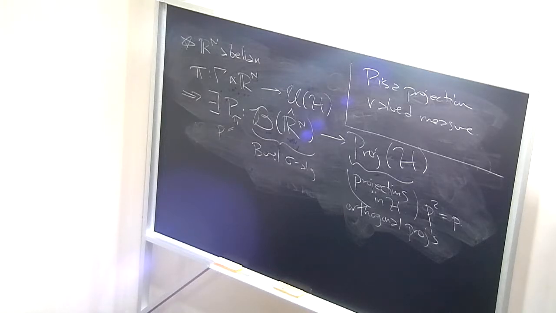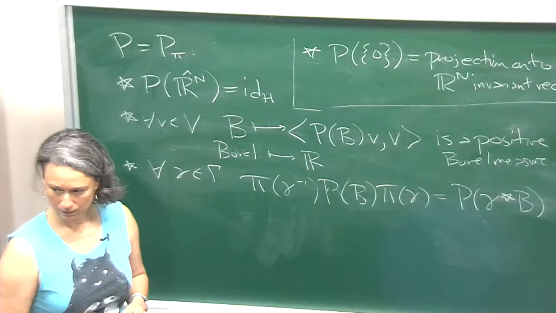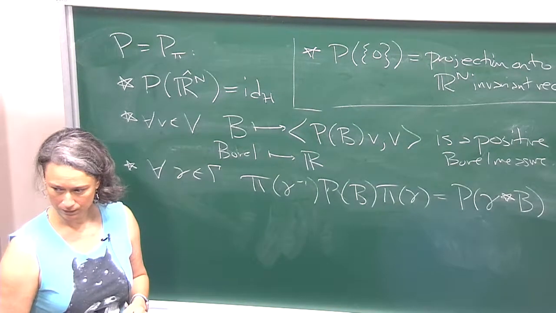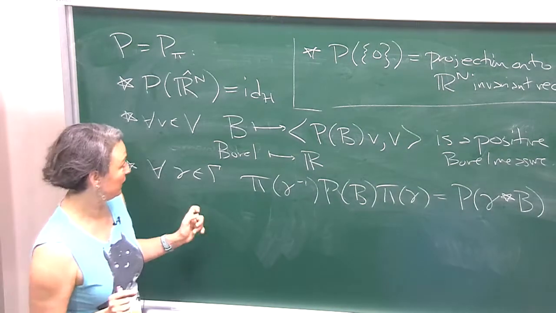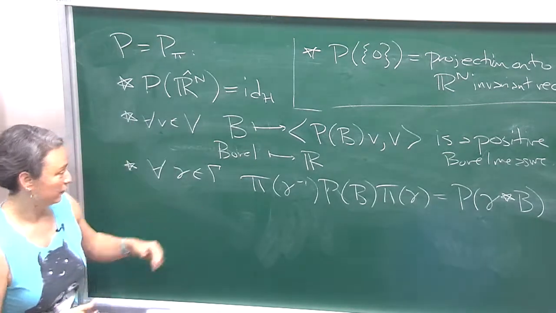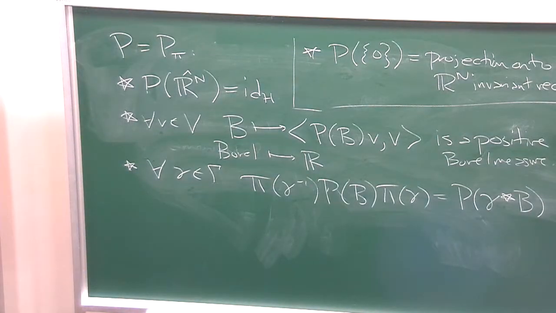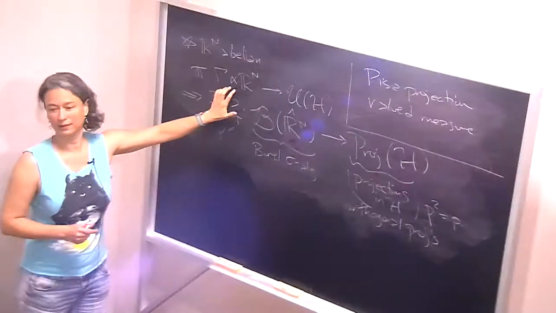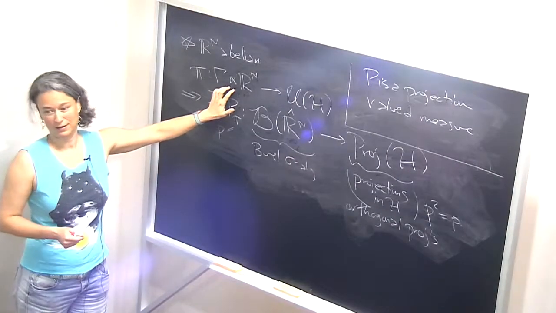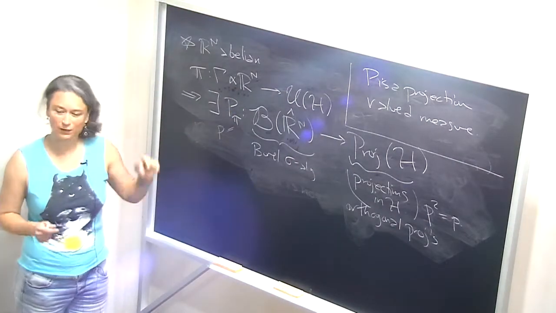Say it again? Is it more proper to say pi of gamma times A, where A is some R^n vector? No, I'm specifically talking about gamma, so this means that gamma is a subgroup, right? I'm only talking about gamma.